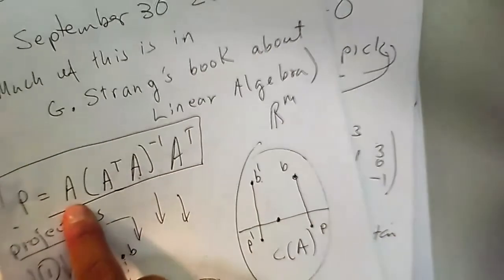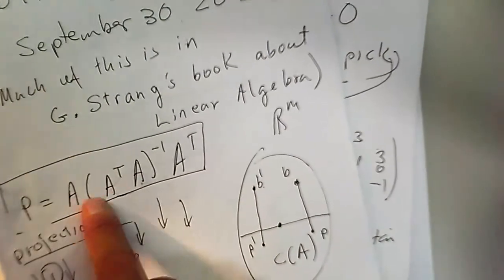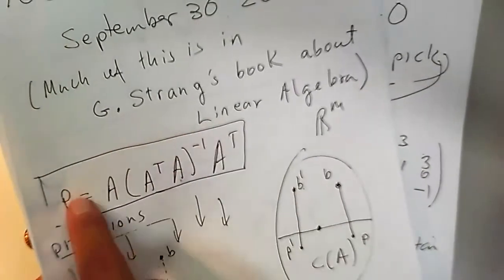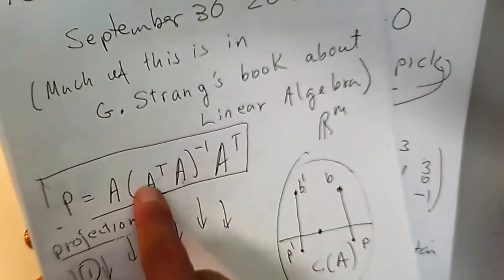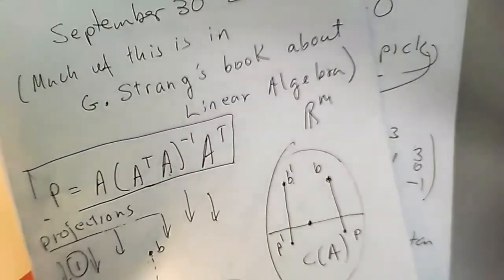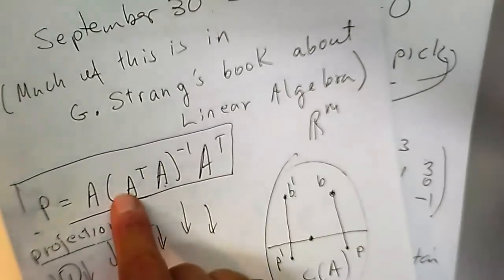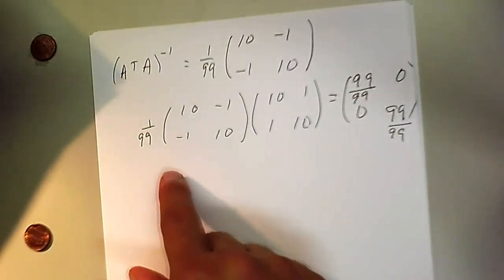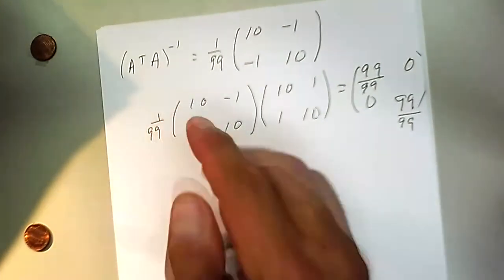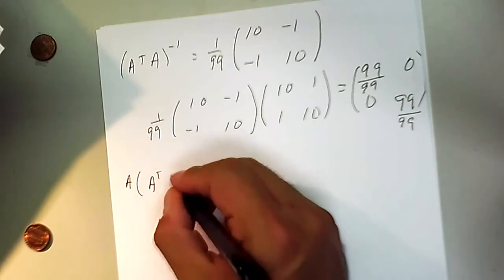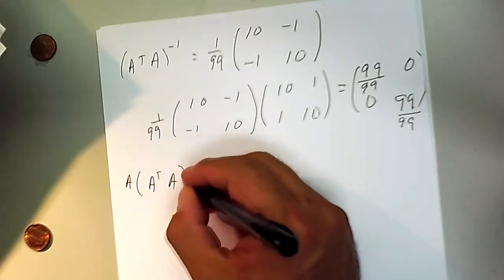Okay, so next I'm going to multiply A with the matrix we just found. Again, I'm following this recipe. This is a recipe. Do this and you're going to get your projection. So next, we want to multiply A times A transpose A to the negative 1.